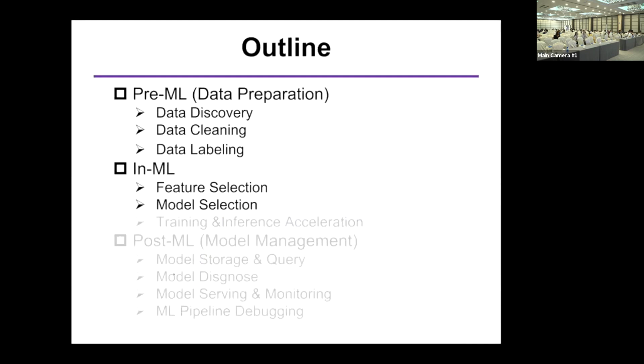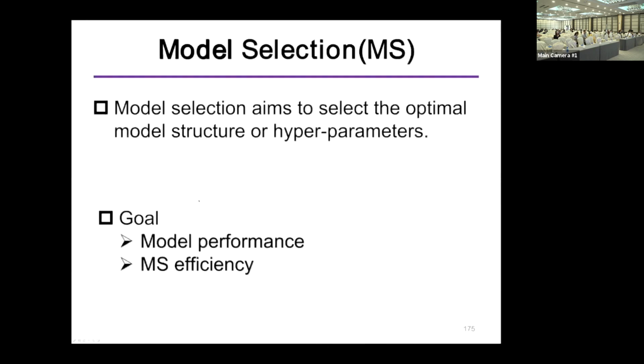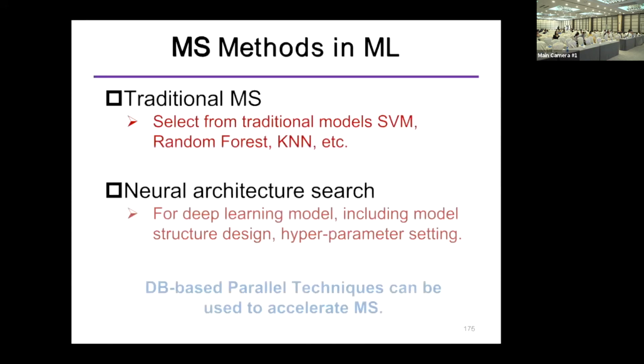Next, we talk about model selection. Model selection aims to select optimal model structures or hyperparameters. The goal is to improve the model performance and the model selection efficiency. Let's first briefly talk about the model selection methods in the machine learning community. It consists of two directions.